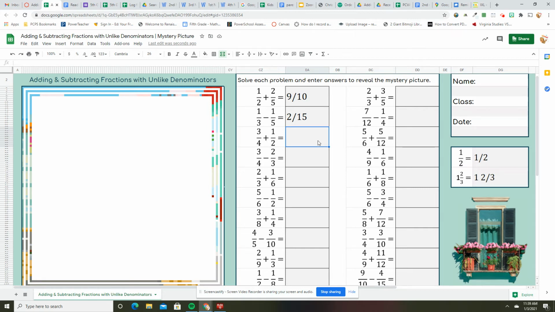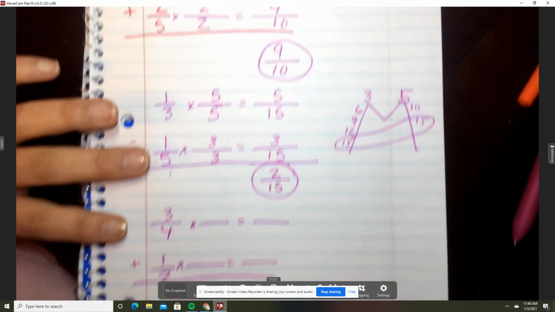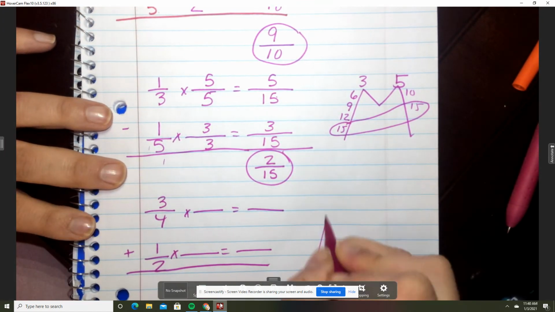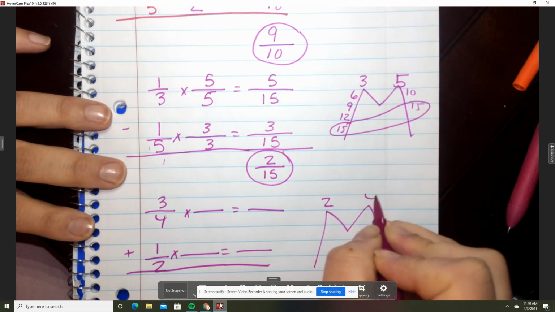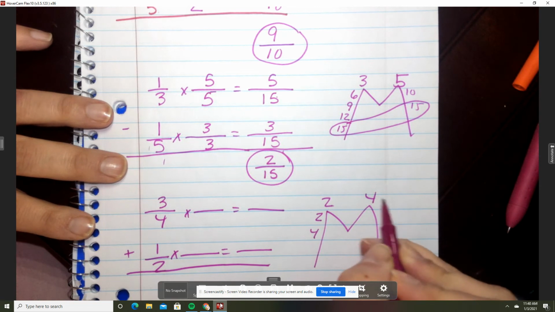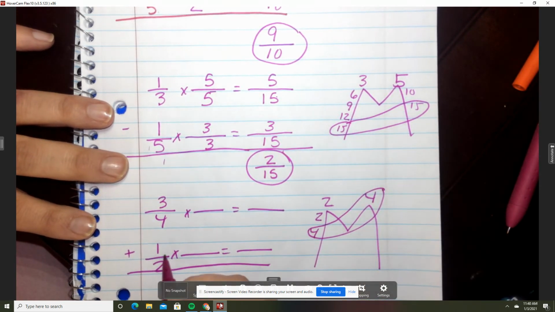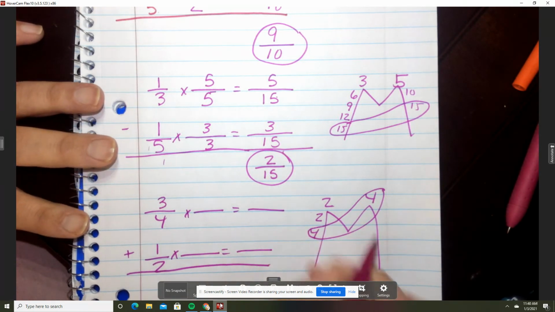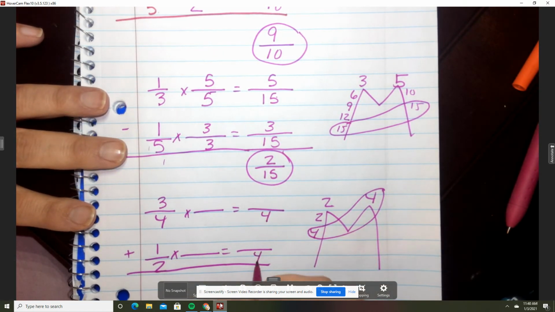3/4 plus 1/2. Looking at 2 and 4, you can make your M. 2 times 1 is 2, 2 times 2 is 4. And then you're going to realize that 2 can go into 4, and that's what you're going to use as your new common denominator.